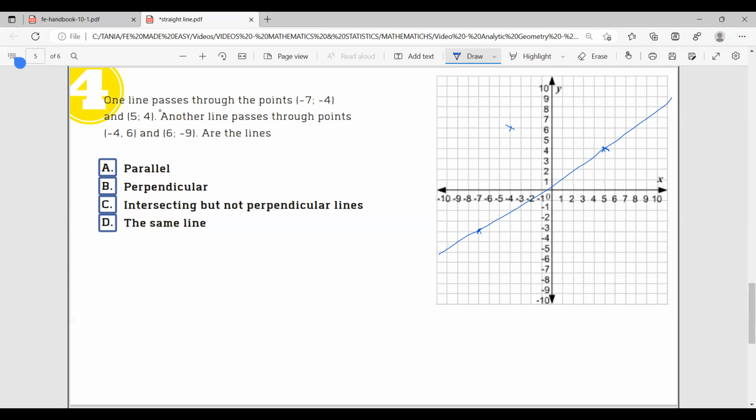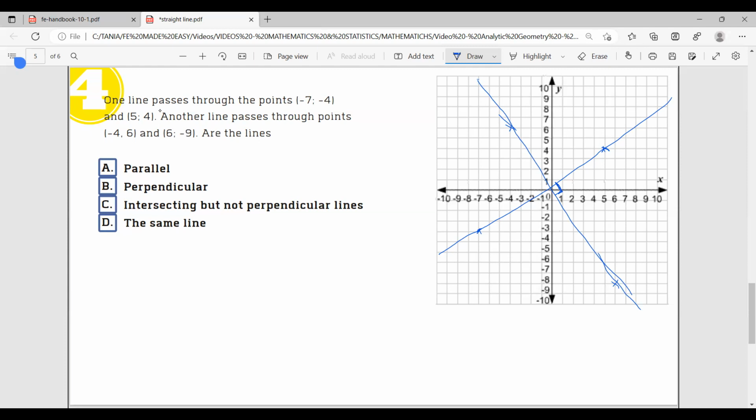So let's see, where is 9? This is -1, 2, 3, 4, 5, 7, 8, 9. So this is 9. Okay, so if I go through these two points like that, these two lines look perpendicular.